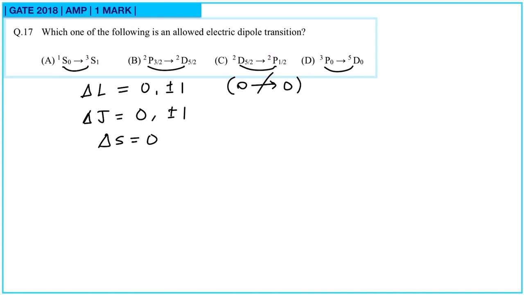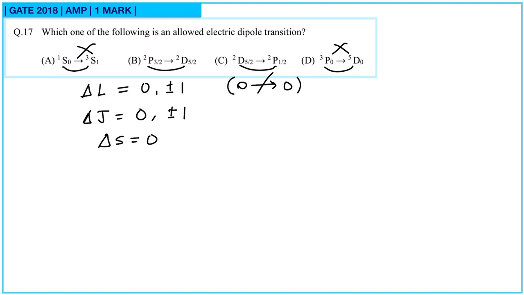So we have to check for each. So this is S in the upper side. So this is 1 to 3, 2 to 2, 2 to 2, 3 to 5. So this is not possible, because here S is changing. Here S is same.